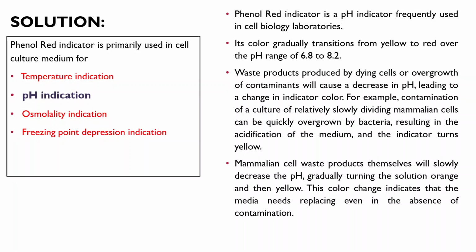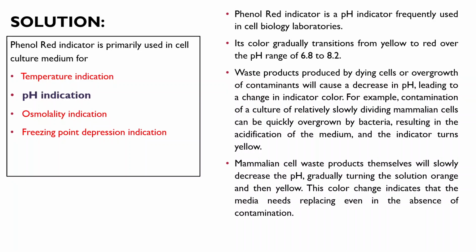And this leads to a change in the color of the phenol red indicator, that is, it turns more yellow over time. This indicates that there might be some kind of contamination from bacteria present in the media, which means that we need to discard that particular cell culture, or it could also indicate that waste products are being produced in the cell culture and we need to change the media of the cell.